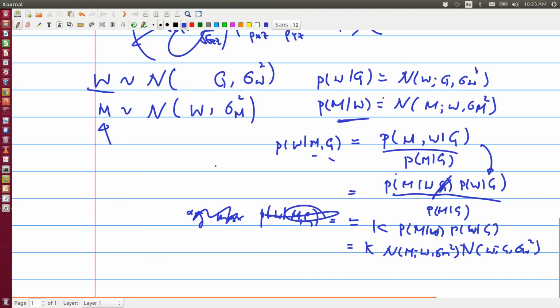This one is a variable W with mean pi and sigma W square as variance, and this one is a distribution of M with mean W. But if you look at the PDF, it's symmetric: it's something like an exponential of minus (M minus W) square.